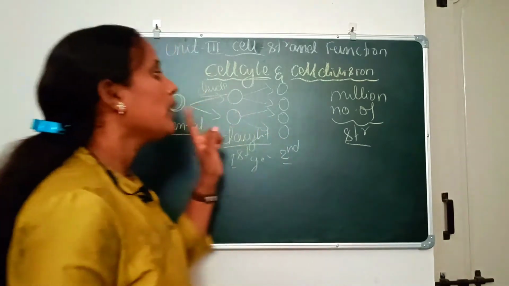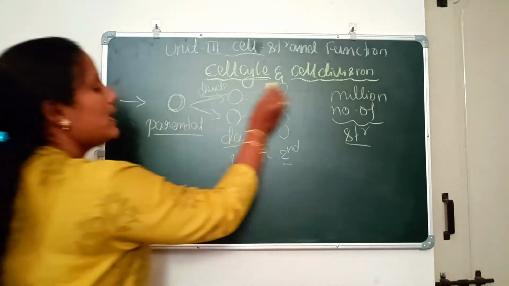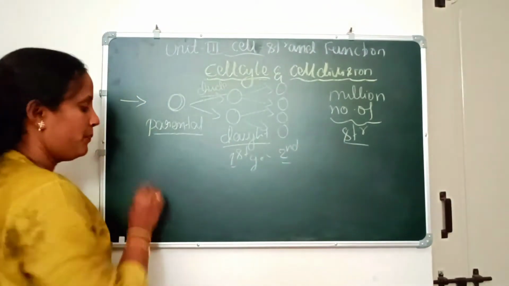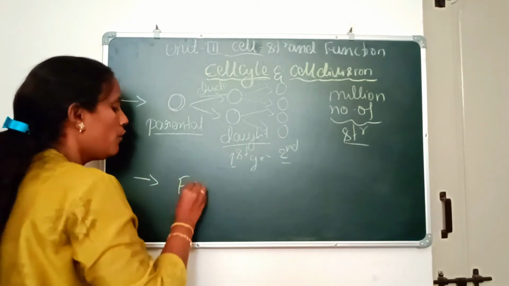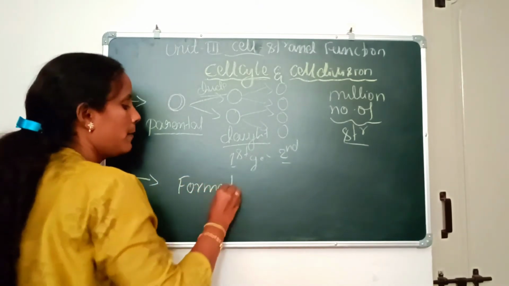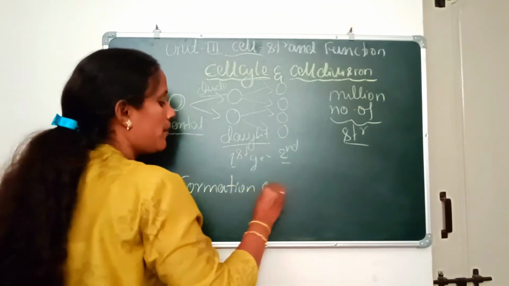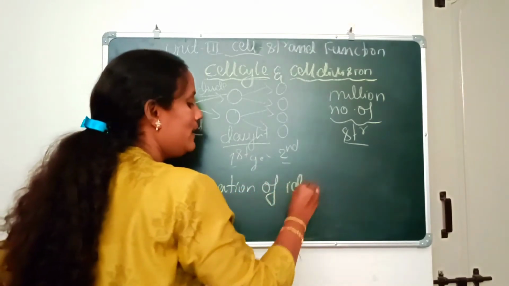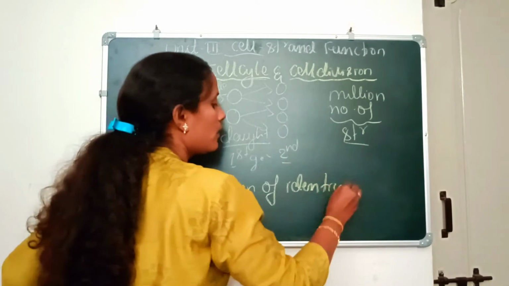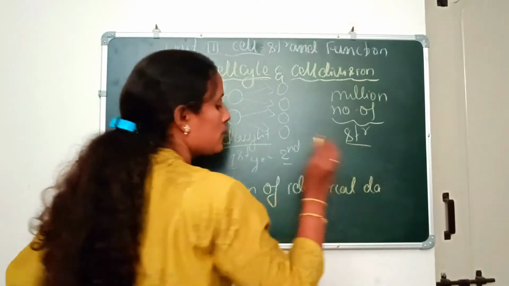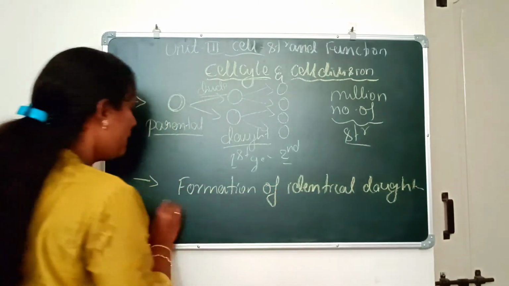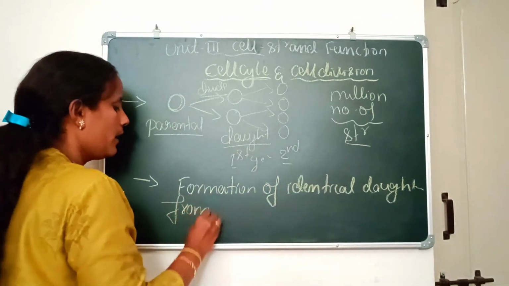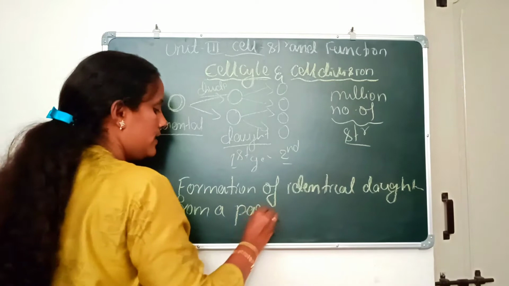an organism. So, cell division is defined as the process of formation of identical daughter cells from a parental cell.